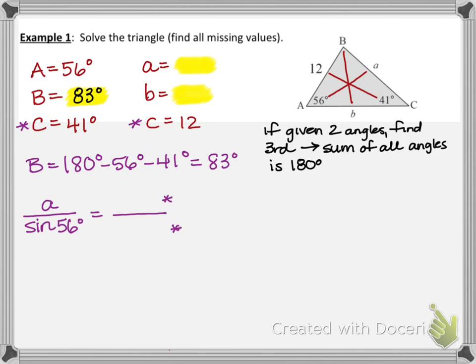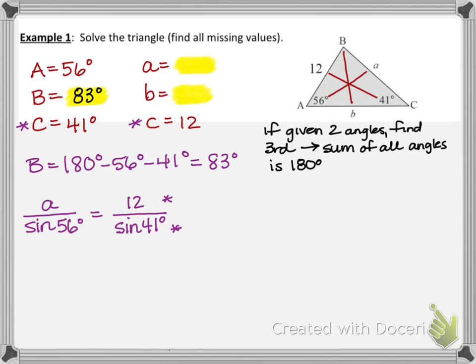Your right-hand side fraction is always going to be the information you already know. So in our information above, that was the C information. So upstairs are the lowercase numbers, so I'm going to put the 12 for my c here. And down below, I'm going to put the sine of capital C, which in this case is 41 degrees, in the denominator. Okay? So put your asterisk information on the right-hand side.